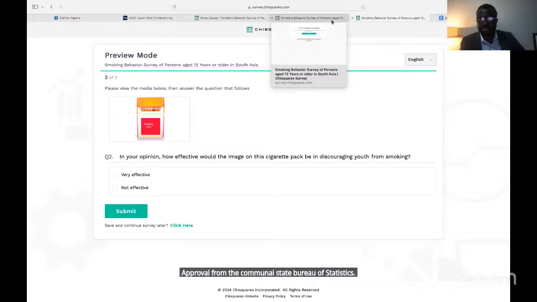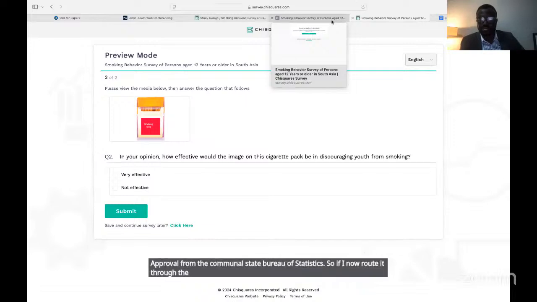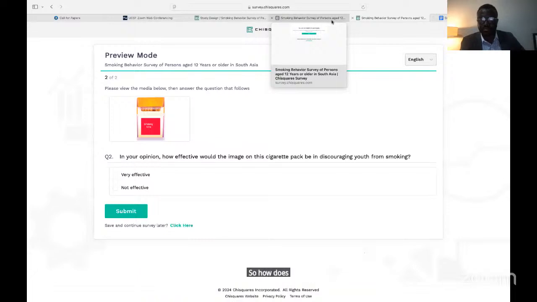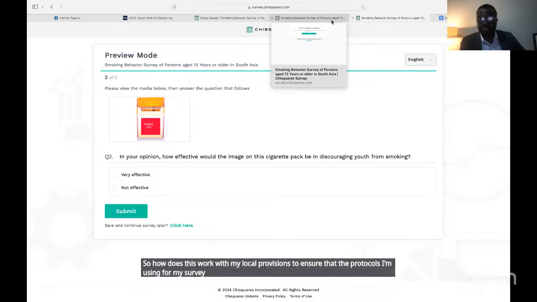If I now route it through the independent ethical committee, I know they might flag my protocols as not following their own standards. So how does this work with my local provisions, to ensure that the protocols I'm using for my survey and data collection align with local requirements? Thank you.